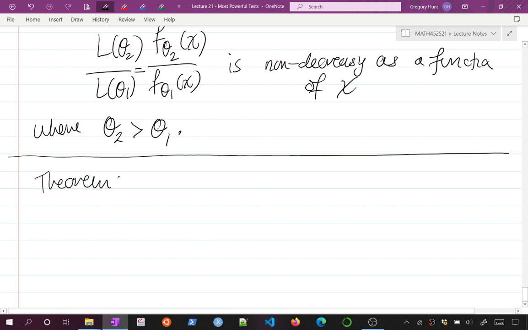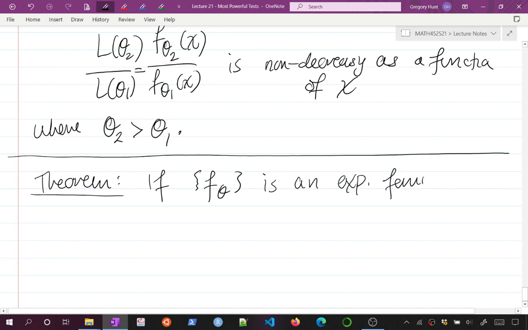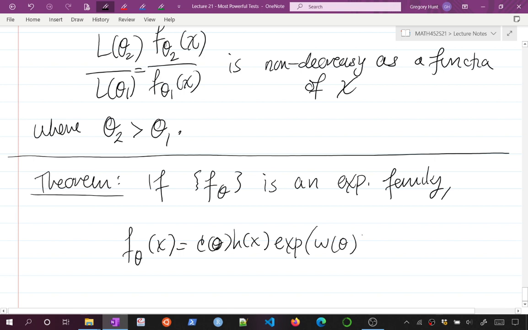for exponential families, this is not so bad. If my collection of PDFs is an exponential family, so that f_theta of x is, how do we do this? C of theta, h of x, exp to the w of theta times x.